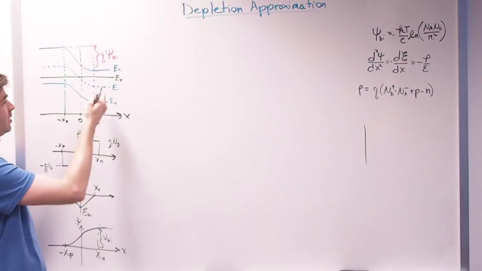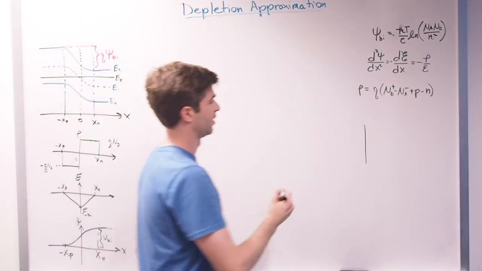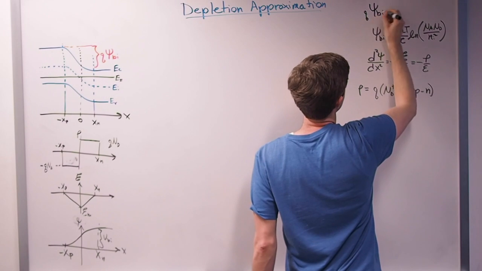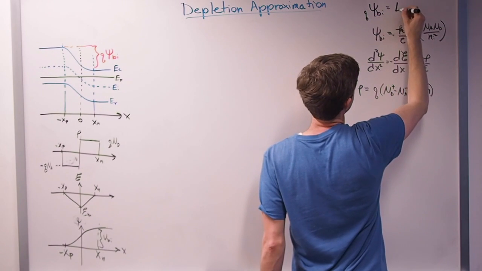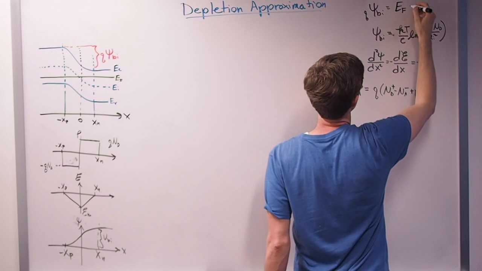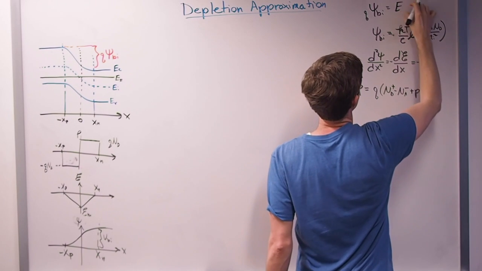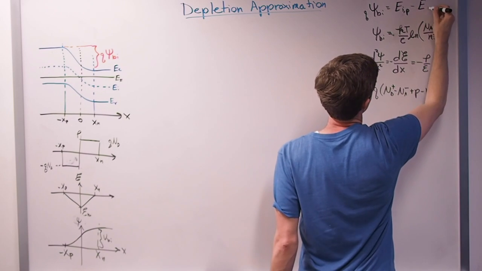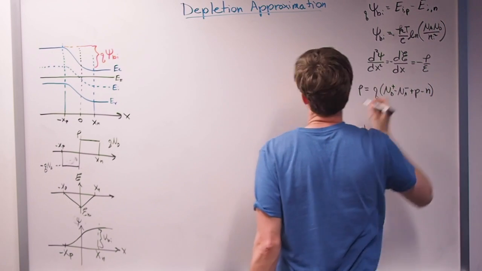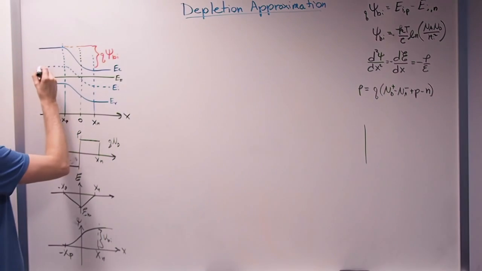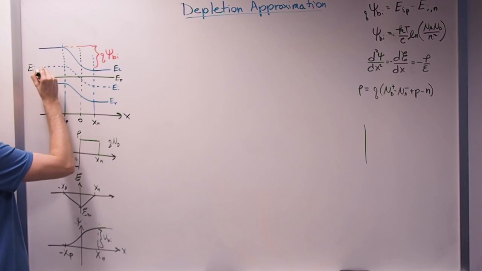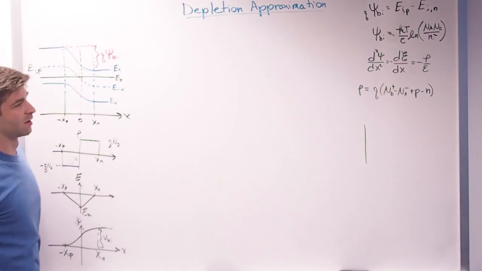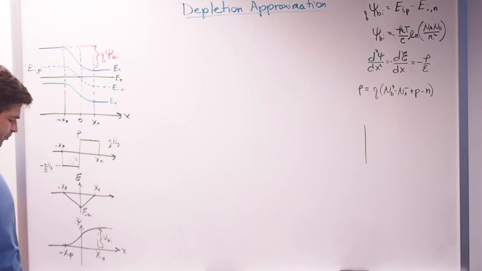Our built-in potential is the difference here, equal to E_i of the P region minus E_i of the N region. That's the N bulk, so this right here would be E_i of P, and this would be E_i of N. Right, so we figured that out.